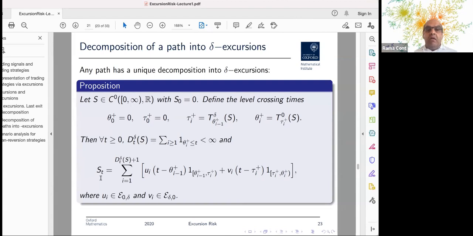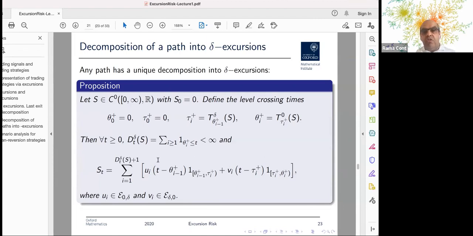And then the path S can be decomposed in the following way. There exist excursions from 0 to delta, called U_i, and excursions from delta to 0 that I call V_i, such that I can write S in terms of this sequence of excursions. And this is exactly the concatenation of U_i and V_i that we defined.